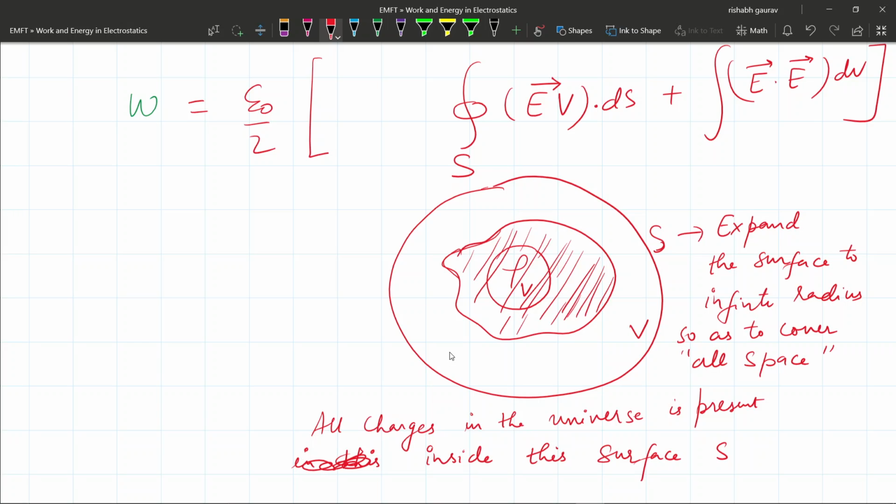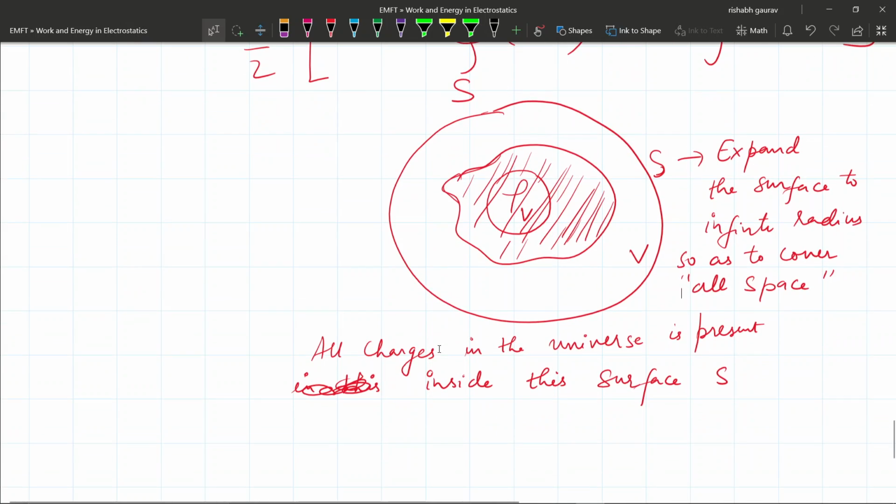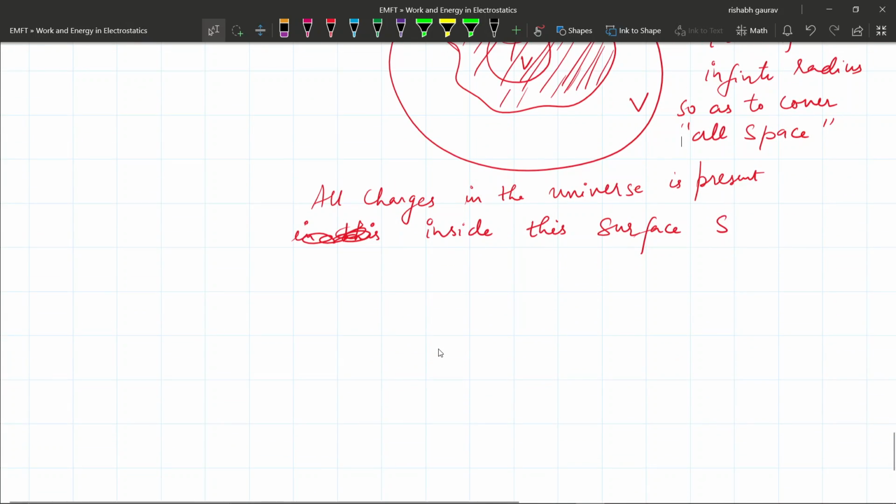If we take the whole space as our Gaussian surface, then this surface will tend towards infinity, and at infinity the potential tends towards zero because it is a decaying field.